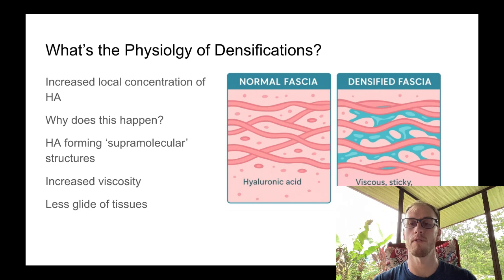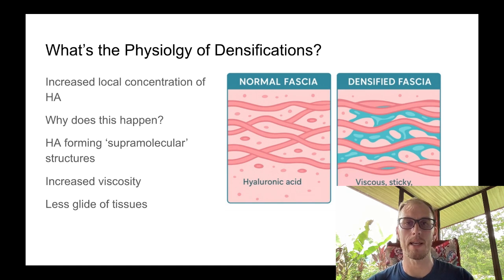But for whatever reason, whether it's lack of movement or inflammation or some other reason, this hyaluronic acid comes together, and instead of drawing water with it, it starts to create cross-links between itself or other molecules of hyaluronic acid, between proteoglycans within the ground substance, and even between our collagen fibers within our fascial tissues.